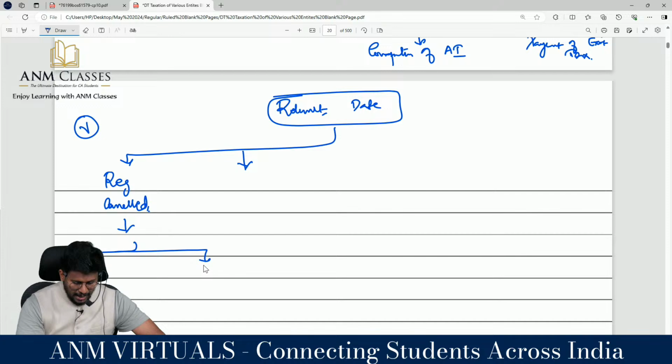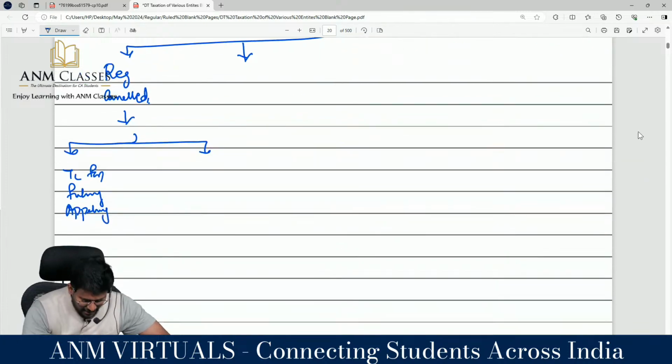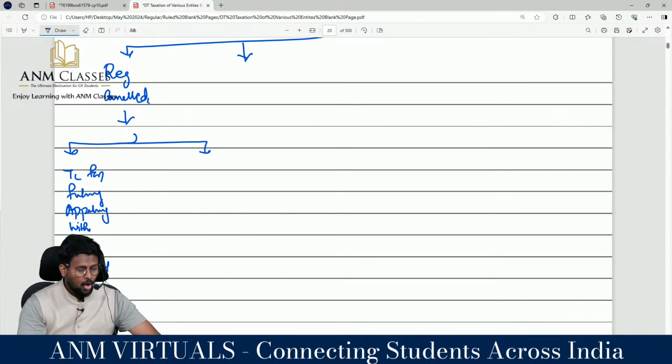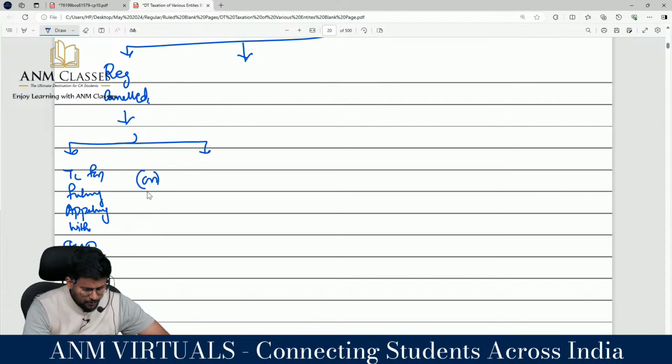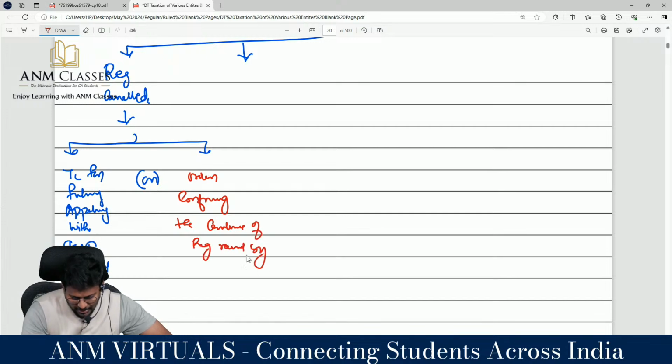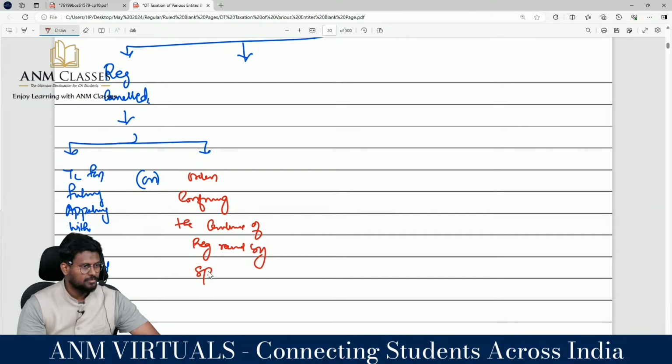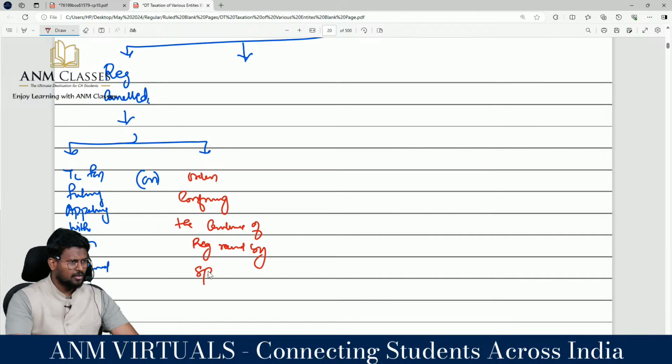Number one, either the time limit for filing appeal with ITAT expired, or the order confirming the cancellation of registration is received by the specified person. From this date you have to count the 14 days.